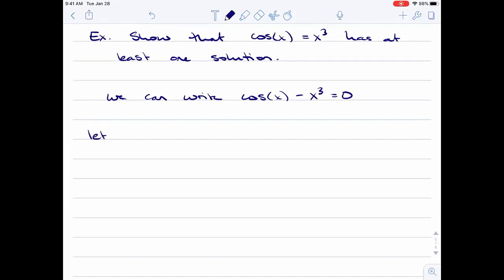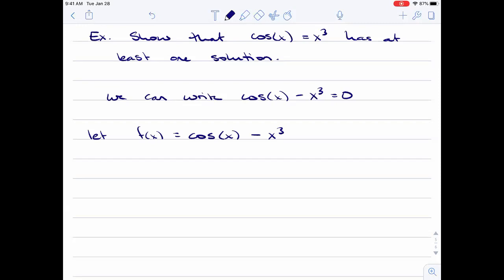that cos x minus x to the 3 equals 0. And then same thing, just so we can talk about it, let f of x be that function cos x minus x to the 3. We know that cos x is continuous for all real numbers, and then x to the 3 is also continuous on all real numbers.